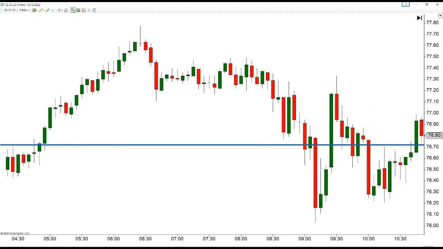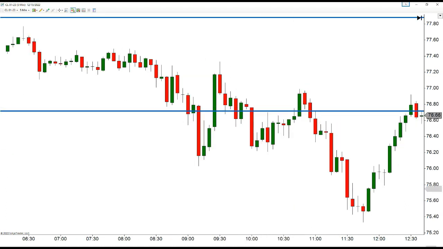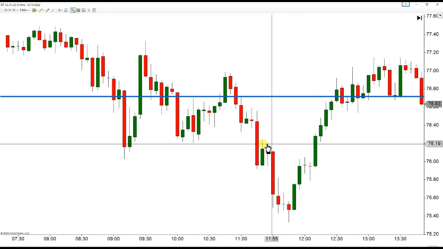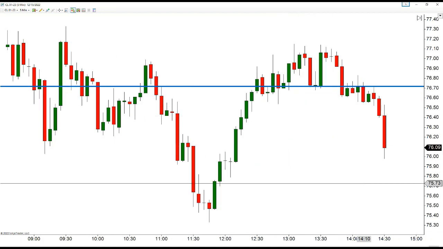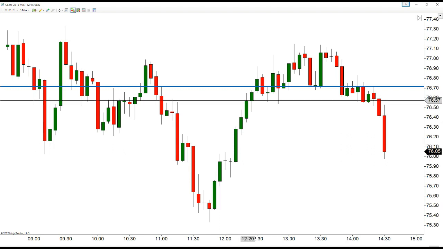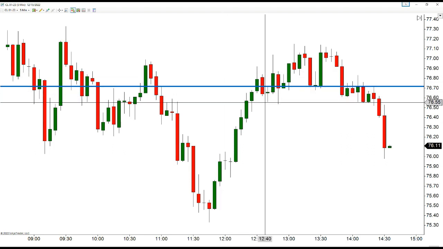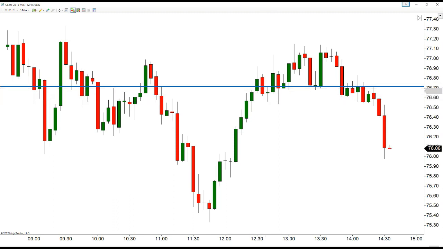here definitely gave you your 10 ticks a number of times. So if you missed one, there was another one and another one, and eventually, now another one. If you went short from 71 down to 55, that's more than 10 ticks.